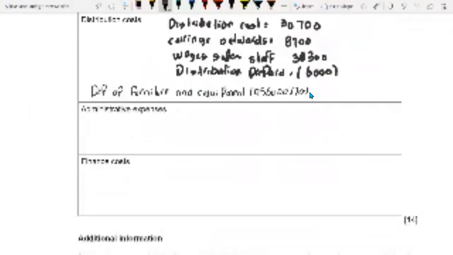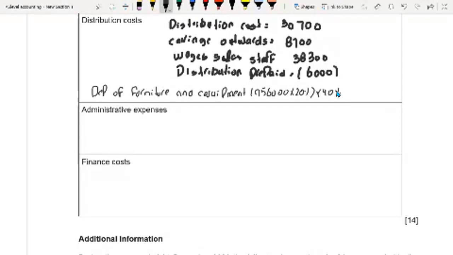Whatever the answer is, multiply it by 40%, because 40% of the total depreciation is part of distribution cost. So this would give you 76,480.